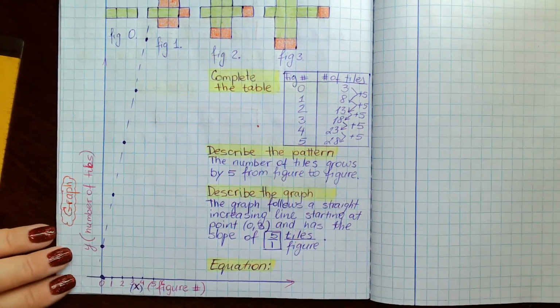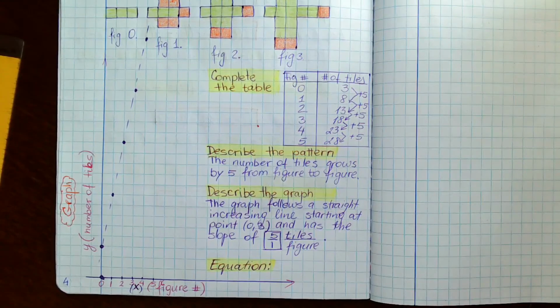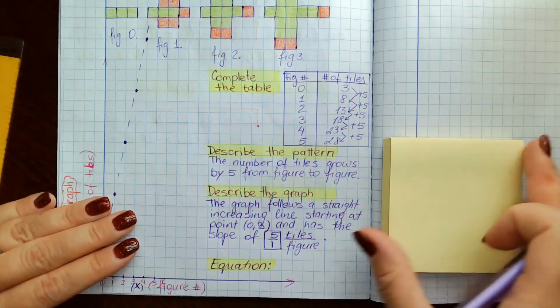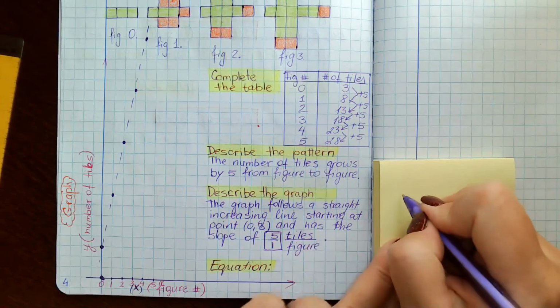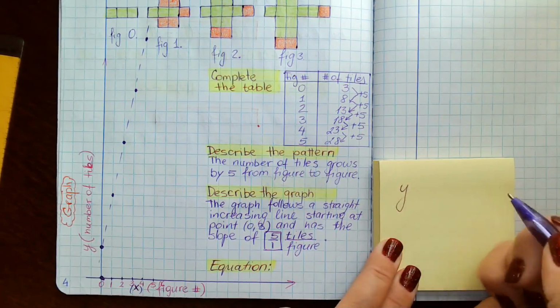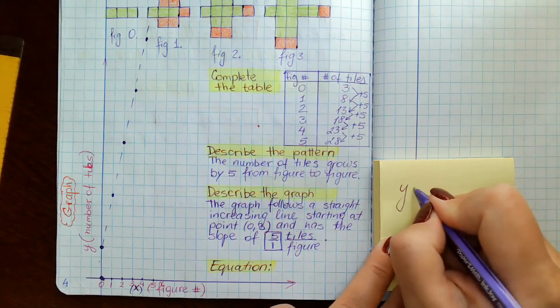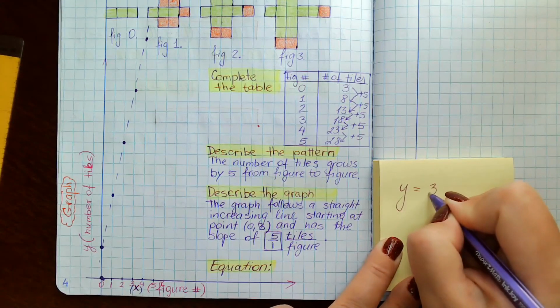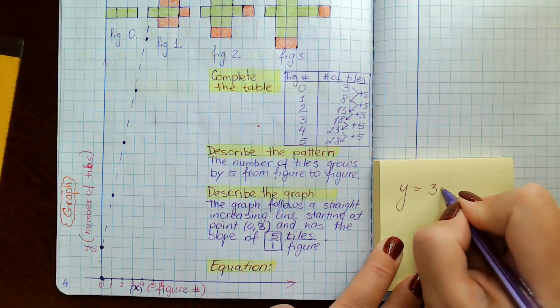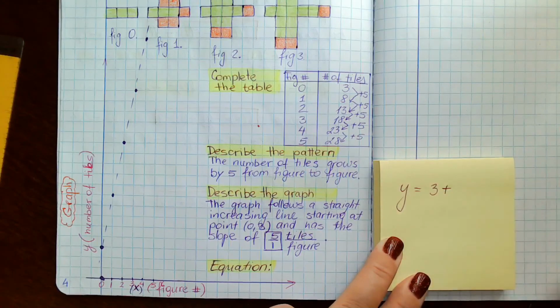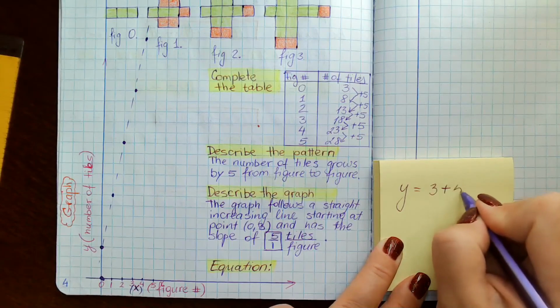Then the equation. Every single figure is increased by 5 tiles. So I'm going to use a sticky note to model an equation. So y, the function of the figure number, is going to start with 3. That's how we started. But then for every additional figure, we added 5.